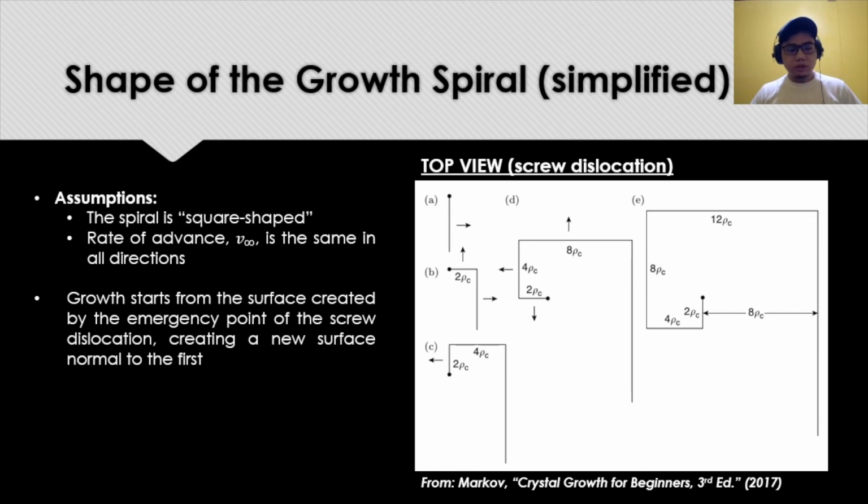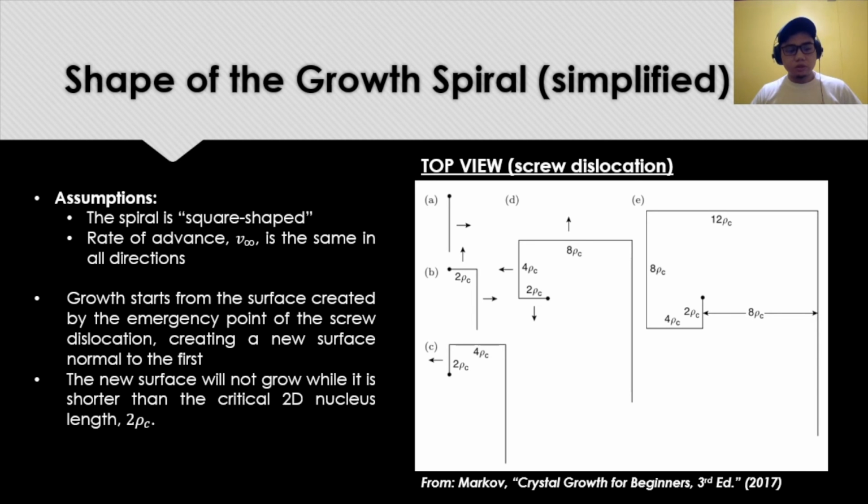The growth starts from the surface created by the emergence point of the screw dislocation, creating a new surface normal to the first. This is illustrated between figures A and B, where the growth from the surface in figure A creates another new surface, as shown in figure B.